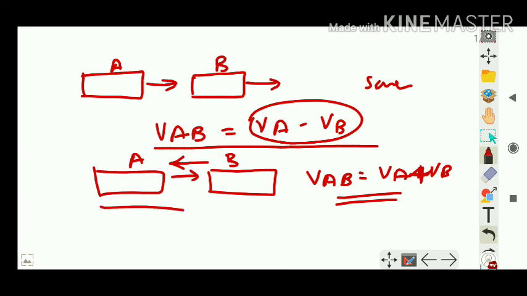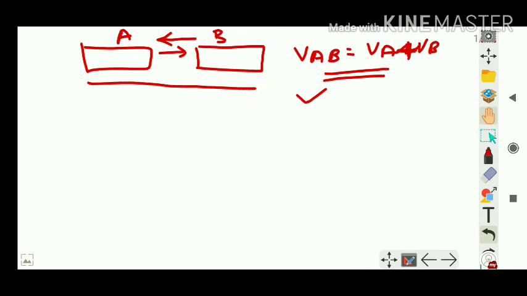If they are in opposite directions, the net relative velocity is the sum of them. Clear? I could have given the equation straight away, but I believe you have to understand the logic of it, then only go for the tricks. Clear? Now let's move on again.